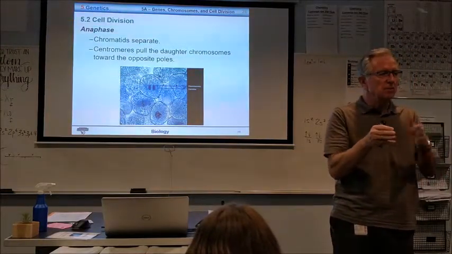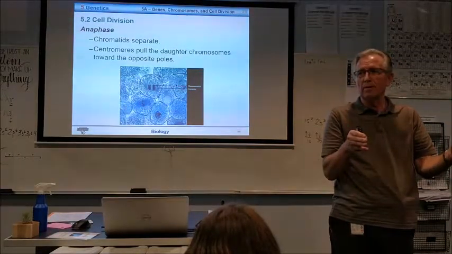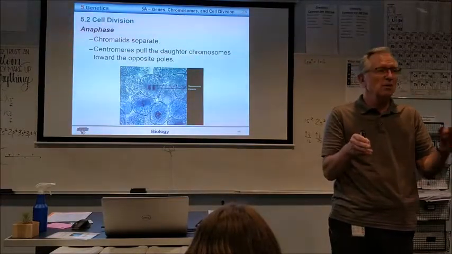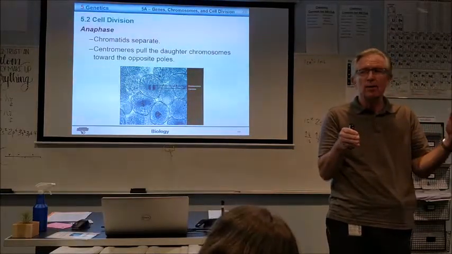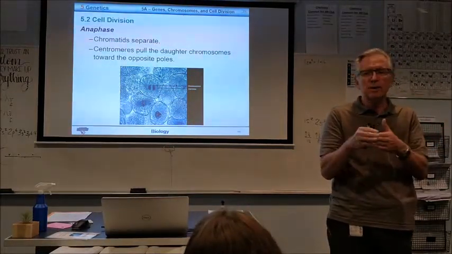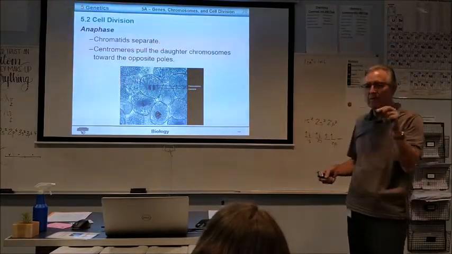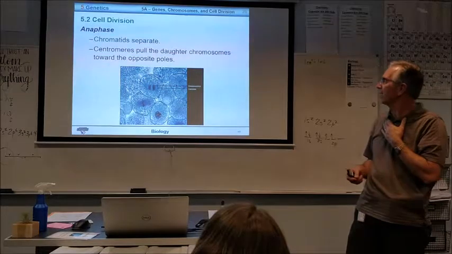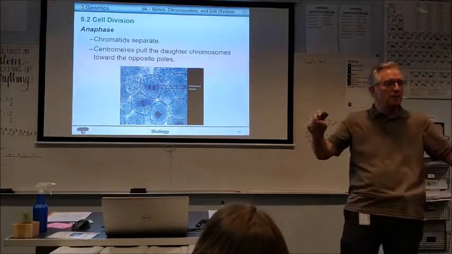Divide up the material so that this half of the cell will get half of the instructions, or remember we doubled it, so it'll still be a full set, but it'll be half of the chromosomes that exist at this point, and these will get the other half. So these centromeres, where the chromosomes are attached, will pull these daughter chromosomes to opposite ends.